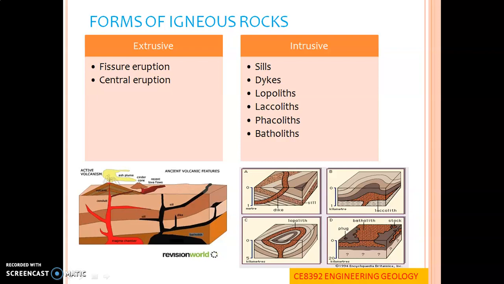The horizontal fills are called sills, whereas the vertical fills are called dikes. When a large amount of molten lava settles inside and cools down to form a rock, it is called a batholith. Similarly, lopoliths and laccoliths are shown in the figure below.